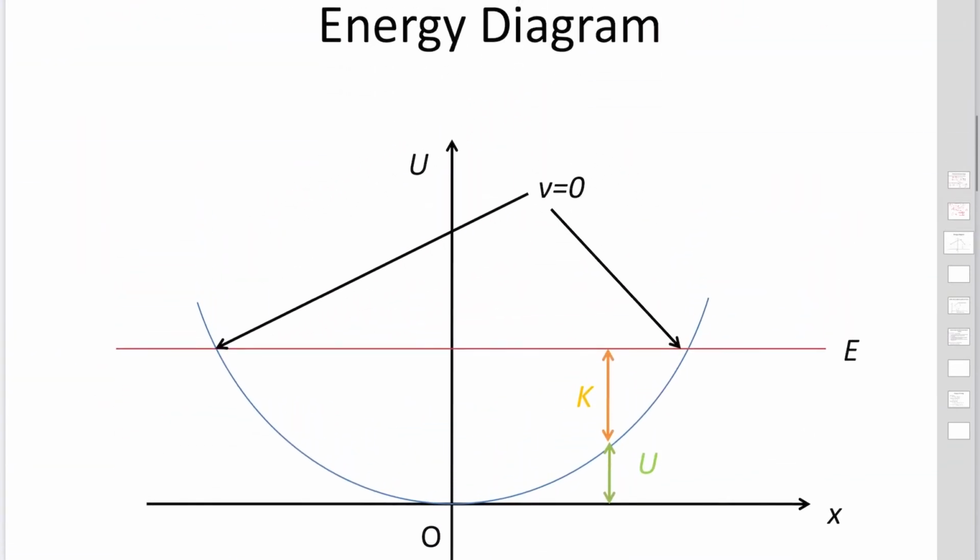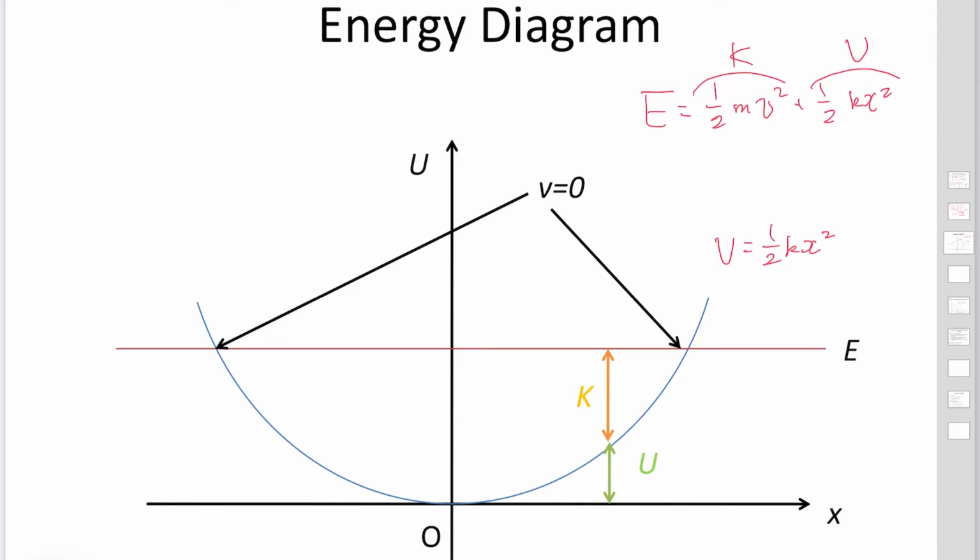So if we have a potential energy curve, for the spring, U equals 1/2 kx squared. Total mechanical energy is given by 1/2 mv squared plus 1/2 kx squared. The first part is the kinetic energy. The second part is the potential energy. In this energy diagram, we draw the potential energy.